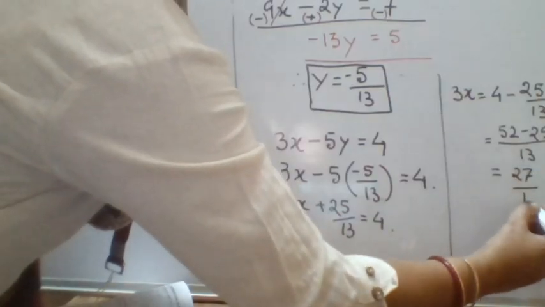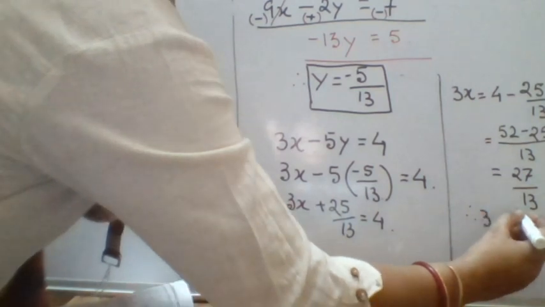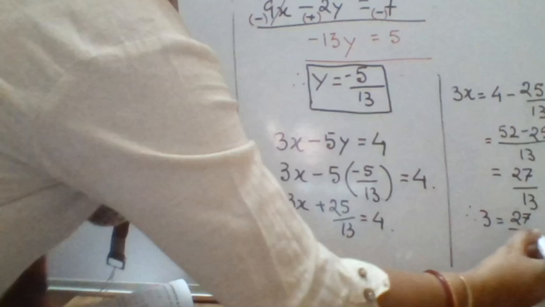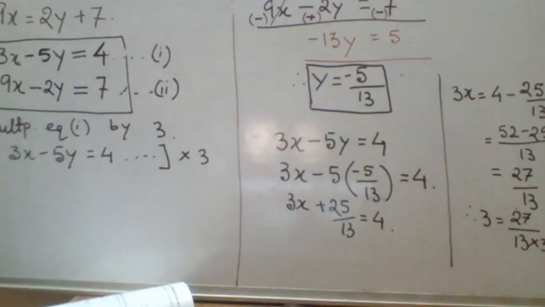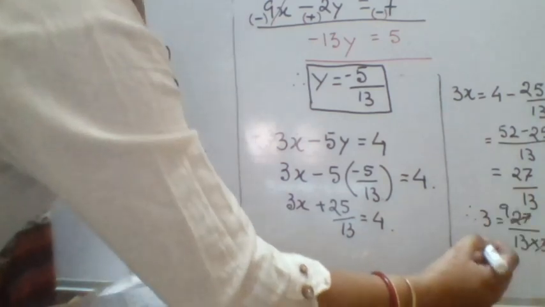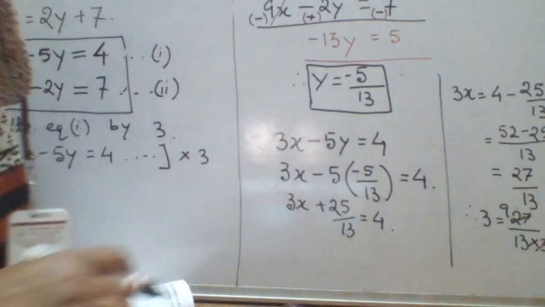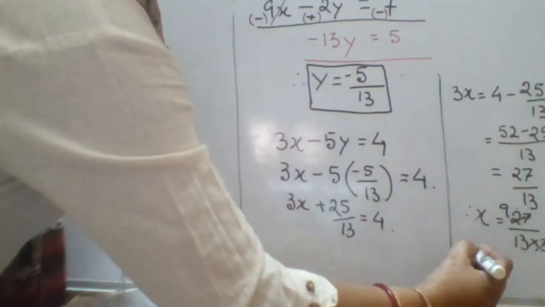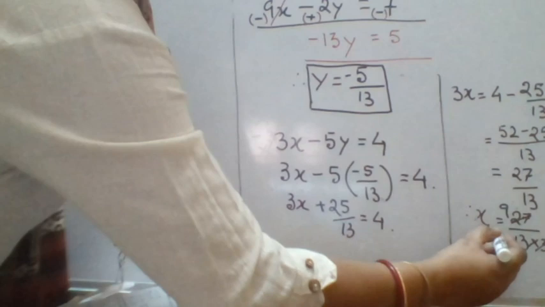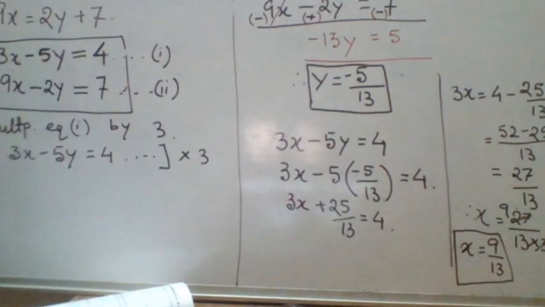So this is 27 upon 13. Therefore, x is equal to 27 upon 13 into 3. So 3 into 9 is 27. Therefore, this is your x. Therefore, x is equal to 9 upon 13. So this is how we go about it.